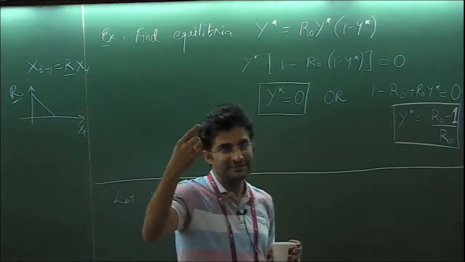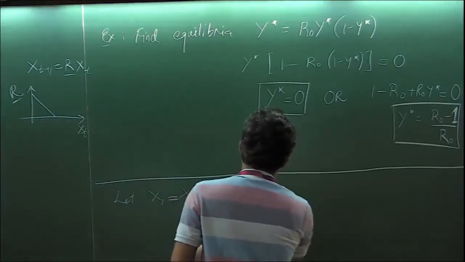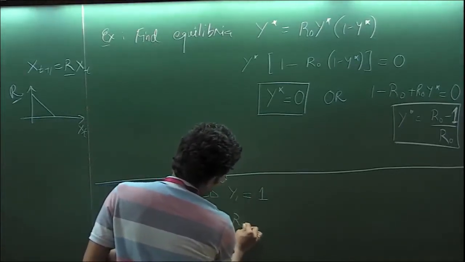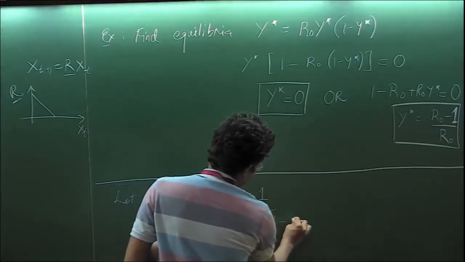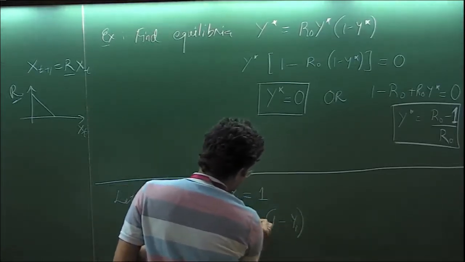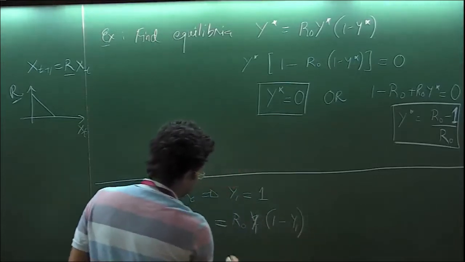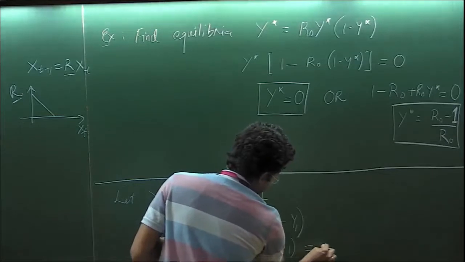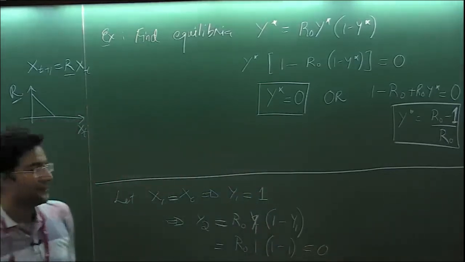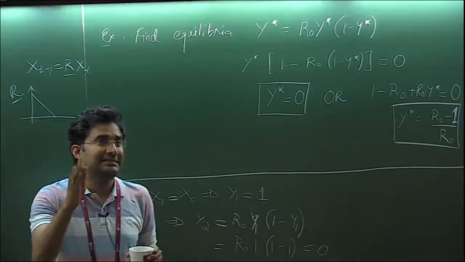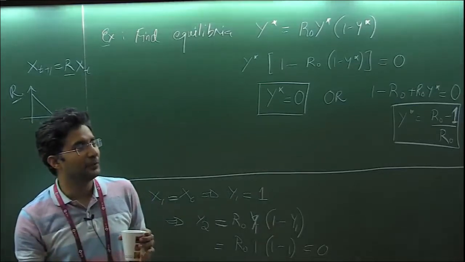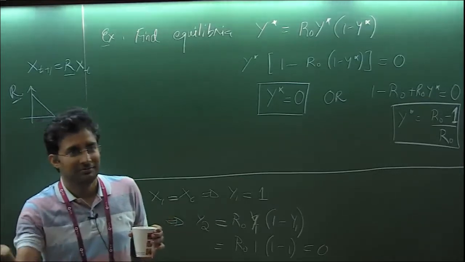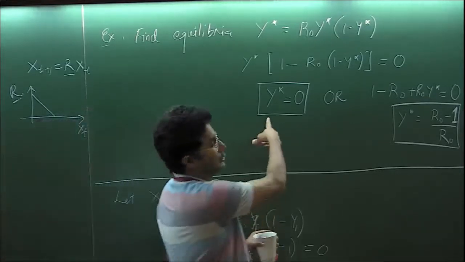Because Y is equal to X by XC. So what happens to Y2 now? R0 times 1 times 1 minus Y1, just to write the full form. So this is R0 times 1 times (1 minus 1), which is 0. So basically if you start the population at this XC, the next population will be basically 0, and once you reach 0, you are always 0, because it's an equilibrium solution.